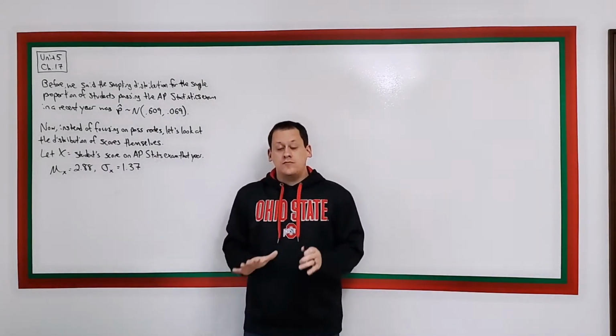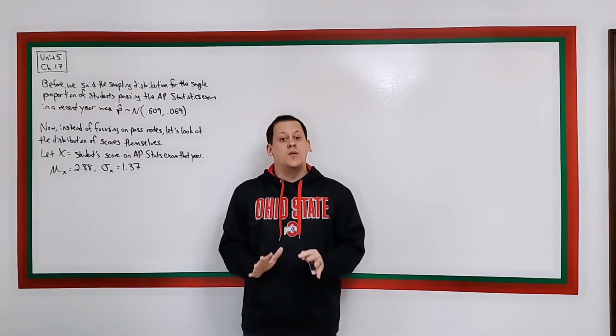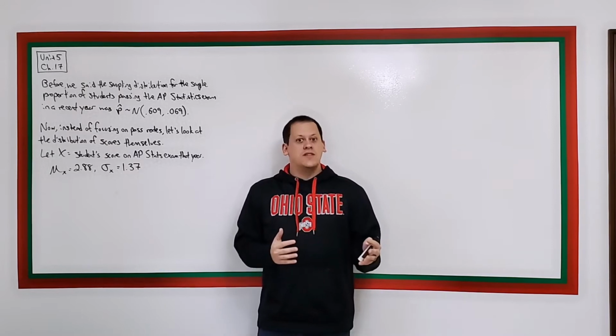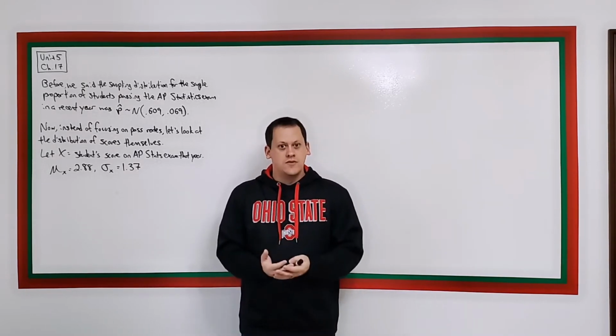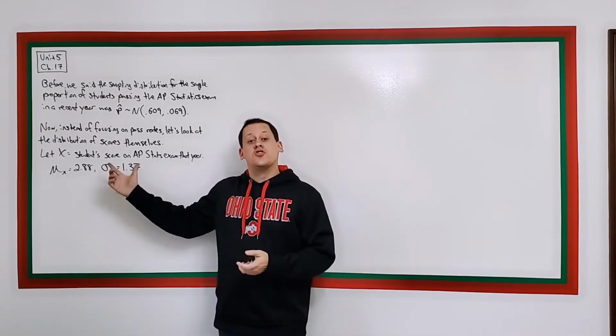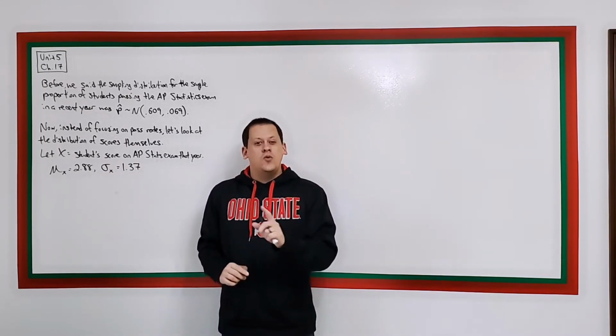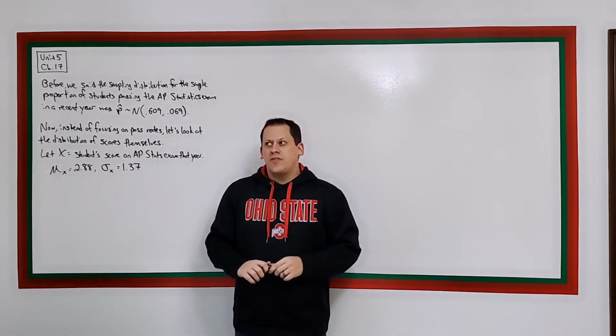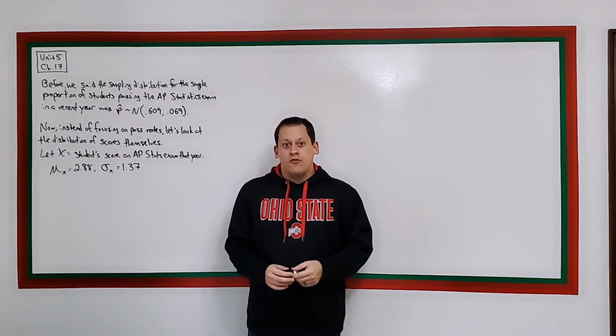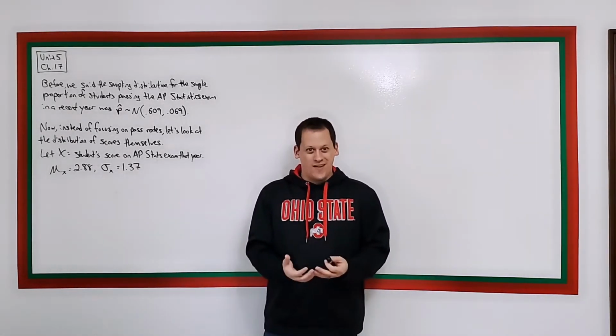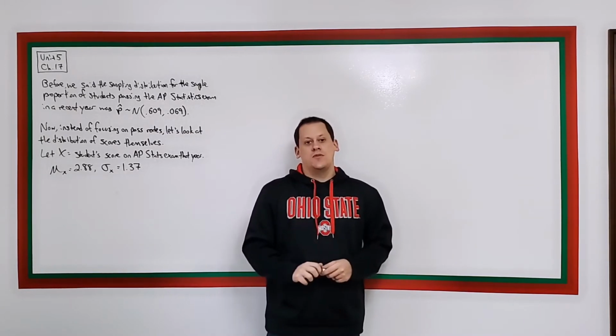So let's suppose that we took all possible samples of size 50 students and we took a look at their scores instead of just whether they passed or not. Could we come up with a sampling distribution for the mean score of each of those samples?